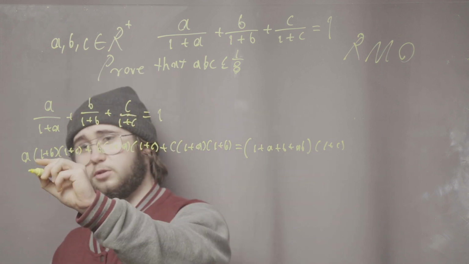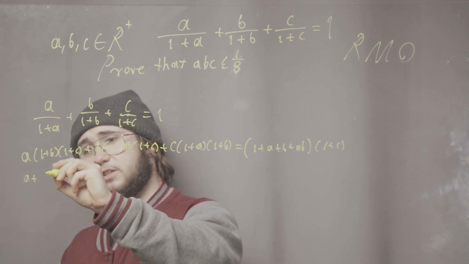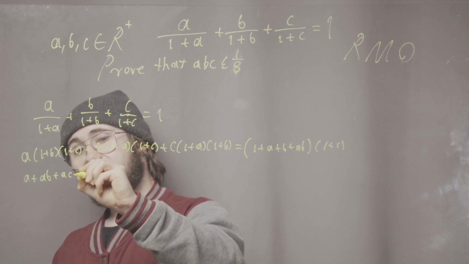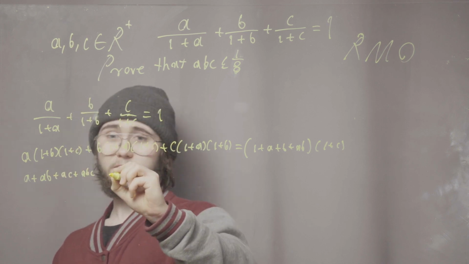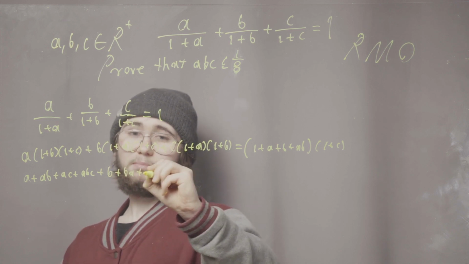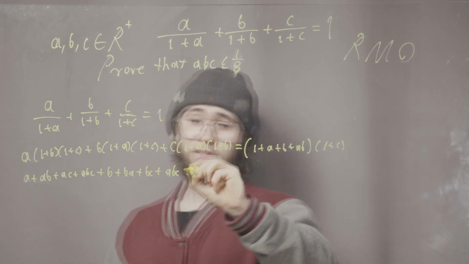So, 1 times 1 is 1, so we will have A, because I'm also multiplying by this A, plus A plus AB, plus AC, plus ABC, plus B, plus BA, plus BC, plus ABC. Okay, this is the second ABC.